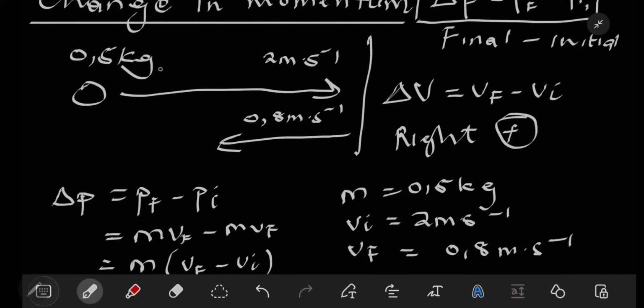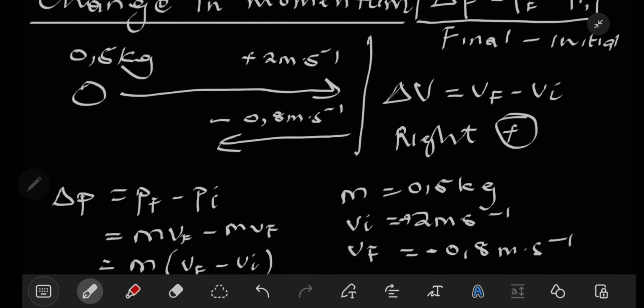So this velocity will be positive 2, and this velocity, because it's going in the opposite direction, will be negative. So this is positive 2, and this is negative 0.8. I hope that makes sense and we're still together.